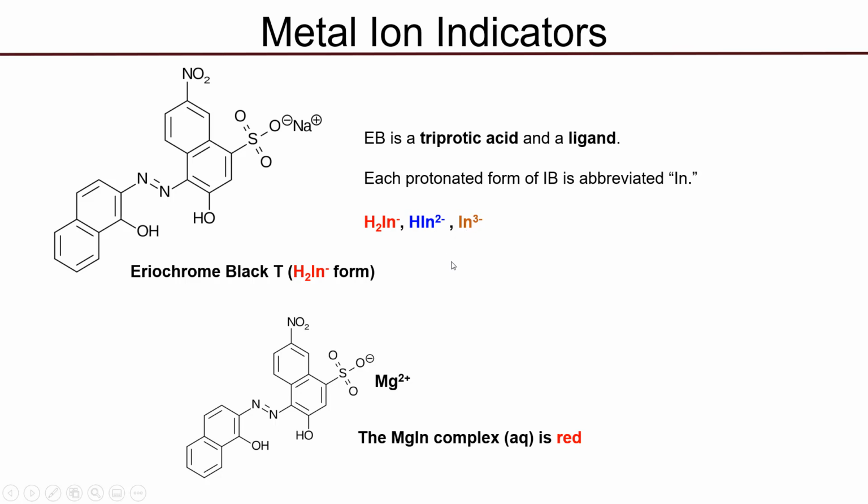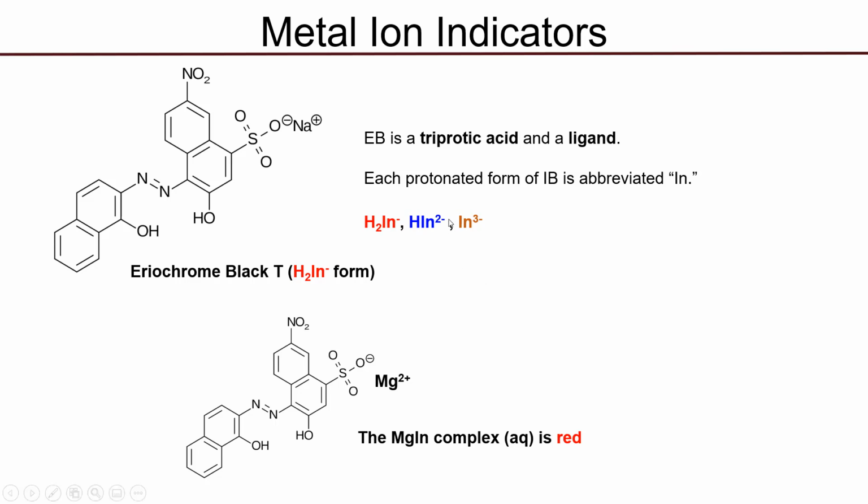So in our laboratory work, where we're using Eriochrome Black T as the indicator in our hard water titration, at that pH, the vast majority of the Eriochrome Black T is in the HIN2- form. It's in the blue form, which is why our endpoint was indicated as a change in solution color from red to blue. Complicating this further, right, is we're just talking up here about the colors of the indicator when the metal ion isn't present. The indicator will give you a color whether the metal ion is there or not.